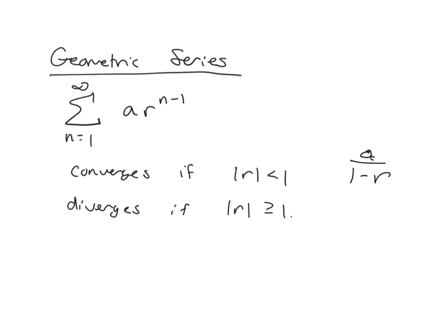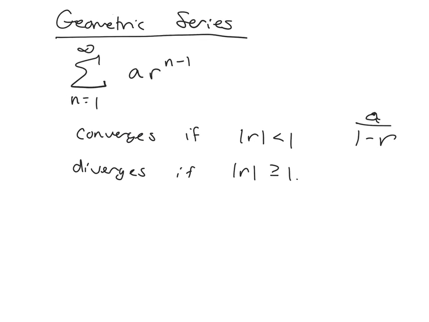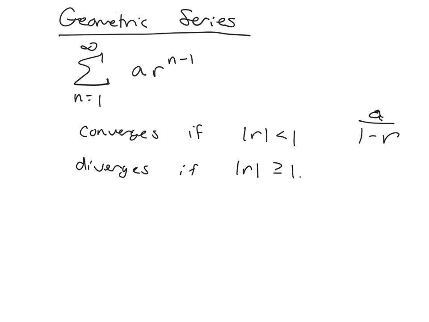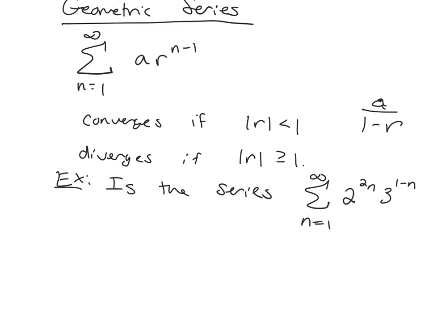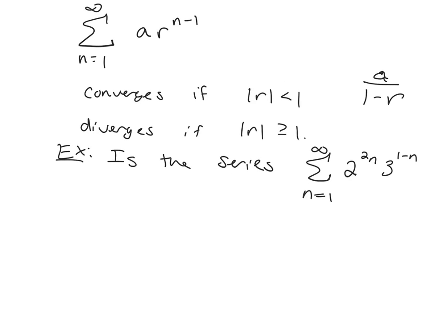All right, so let's do a new problem. Is the series the sum n equals 1 to infinity, 2 to the 2n, 3 to the 1 minus n, convergent or divergent?